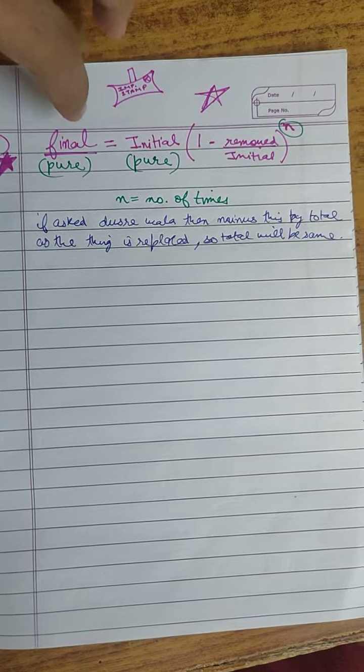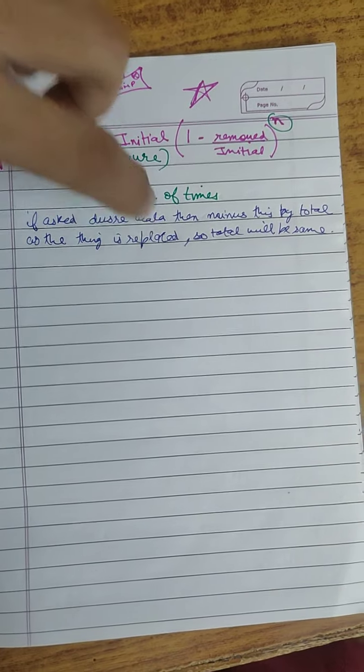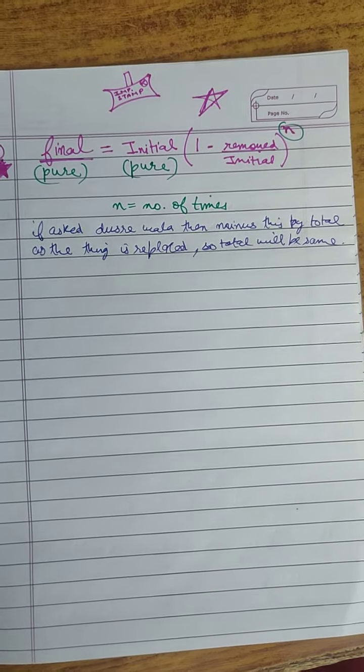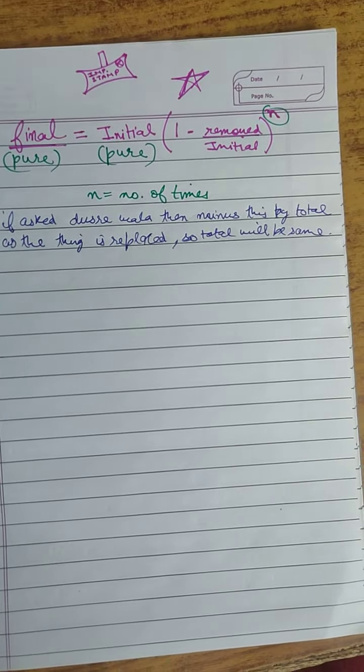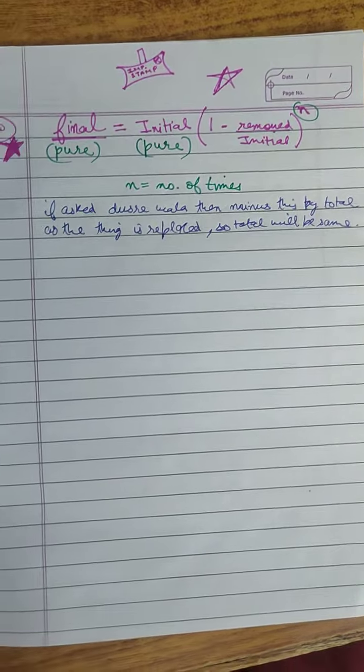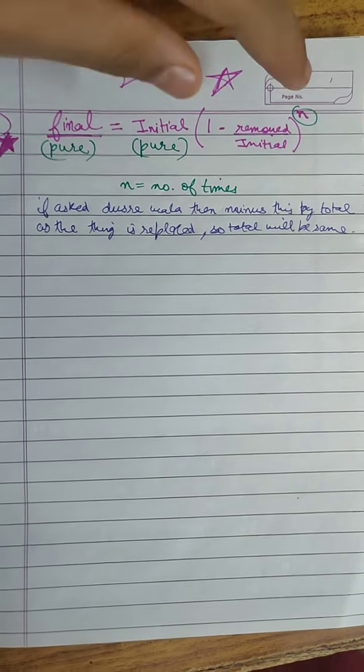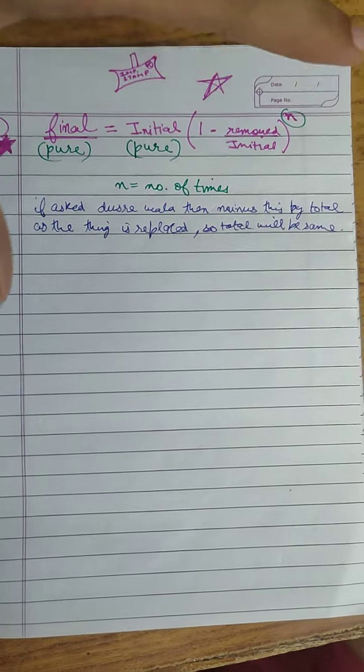For example, 24 liters of pure alcohol out of 100 liters is replaced by 24 liters of water, and then the process is repeated 2 times. So this formula is very helpful.